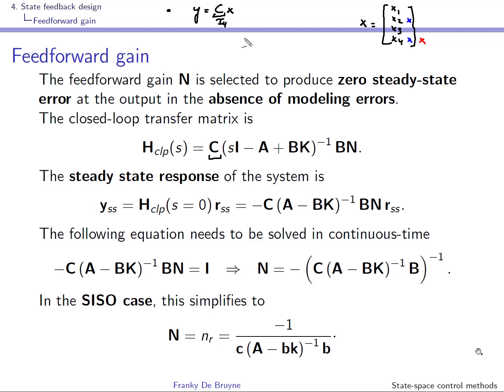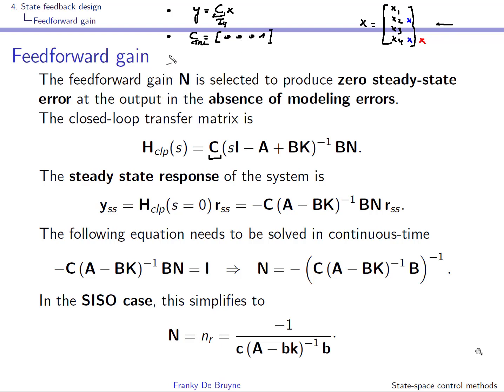So that's a first case of a typical C. In this case of control, the state that is being controlled is x4. So in these equations here, to compute the n, you will have to use a C that will isolate the fourth state. Okay, so for control in this case over here, you will use this C for control.